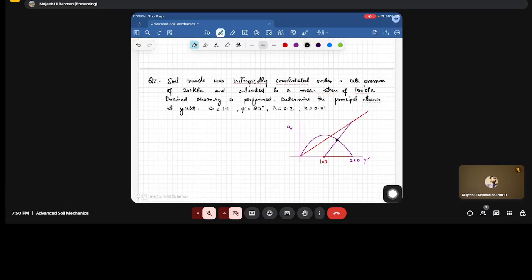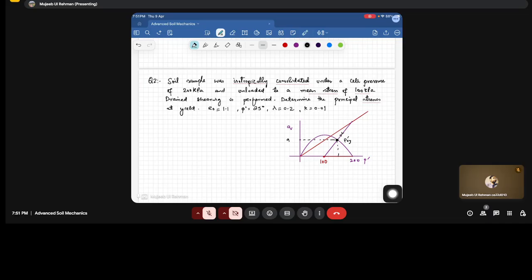We know the yield points, right? Once we know the p and q corresponding to this yield point, which we represent by p'oY, we will be able to calculate the principal stresses.